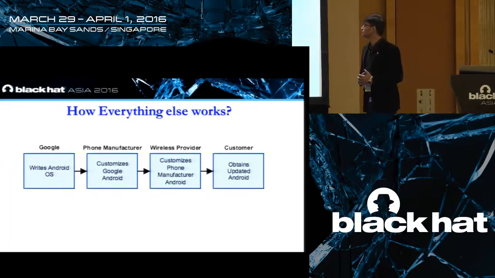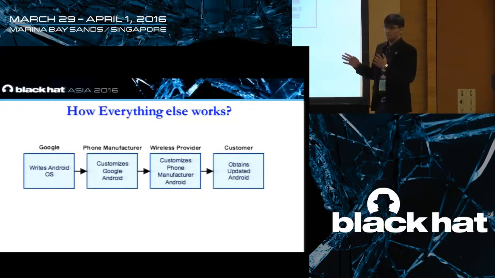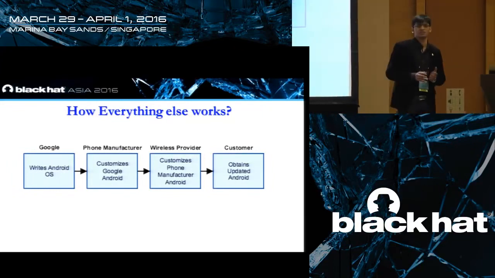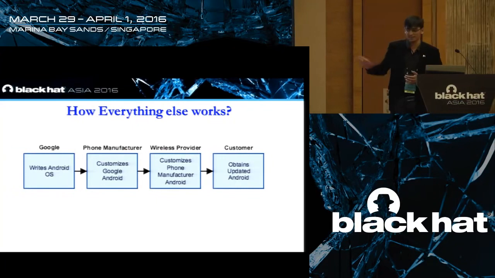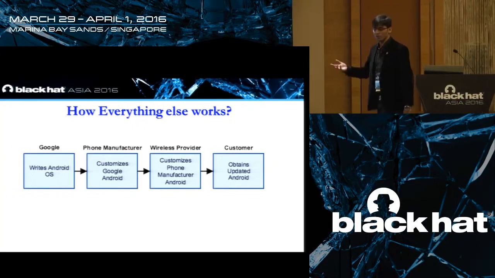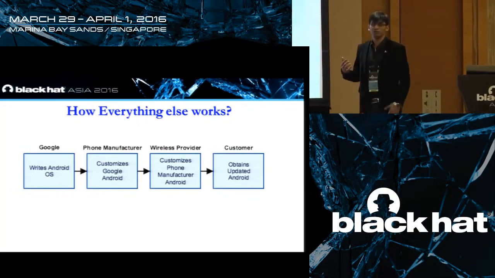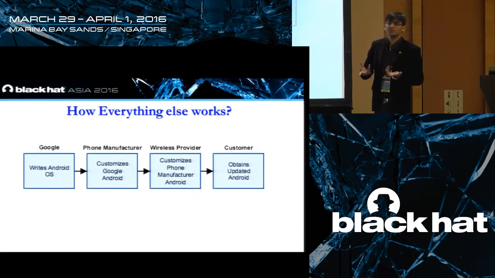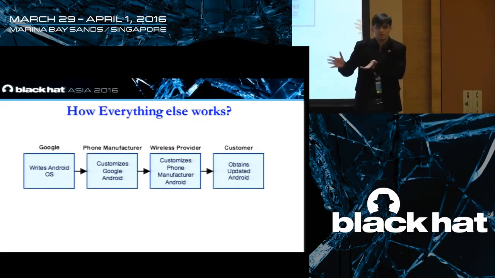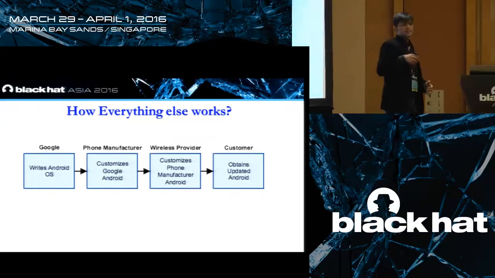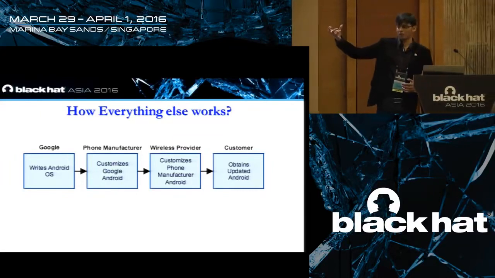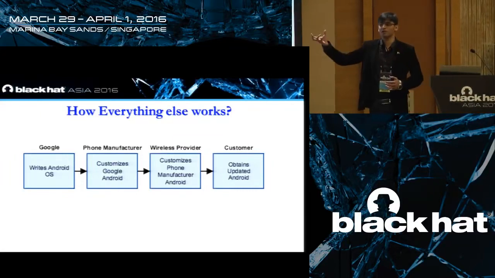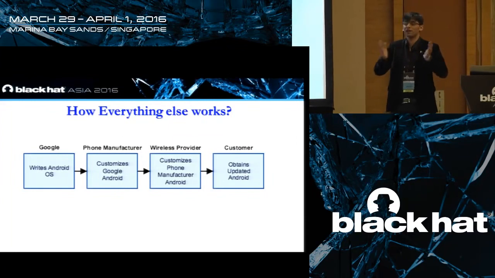In the case of all other devices, such as LG, Samsung, and so on, this is the supply chain. Google writes the Android OS, and then the phone manufacturer customizes the update to see if it fits or not. The customized version is then sent to the wireless carrier.